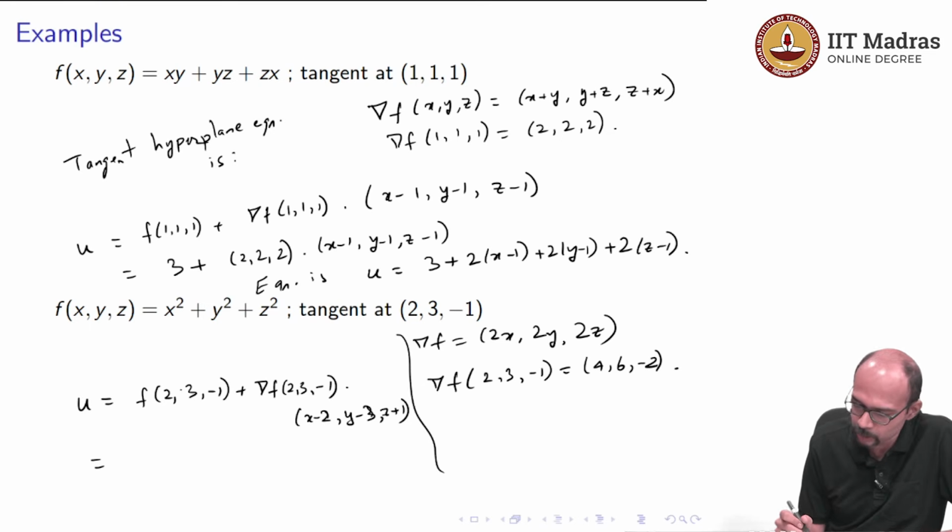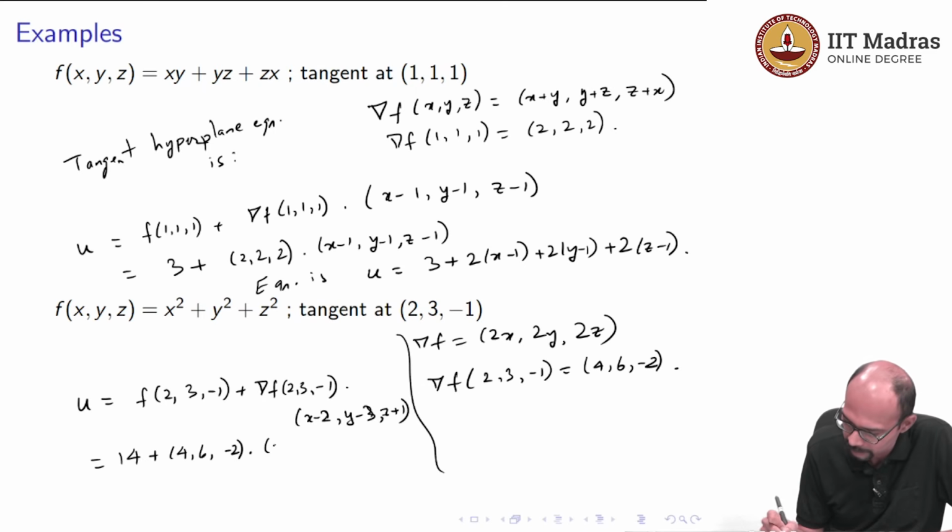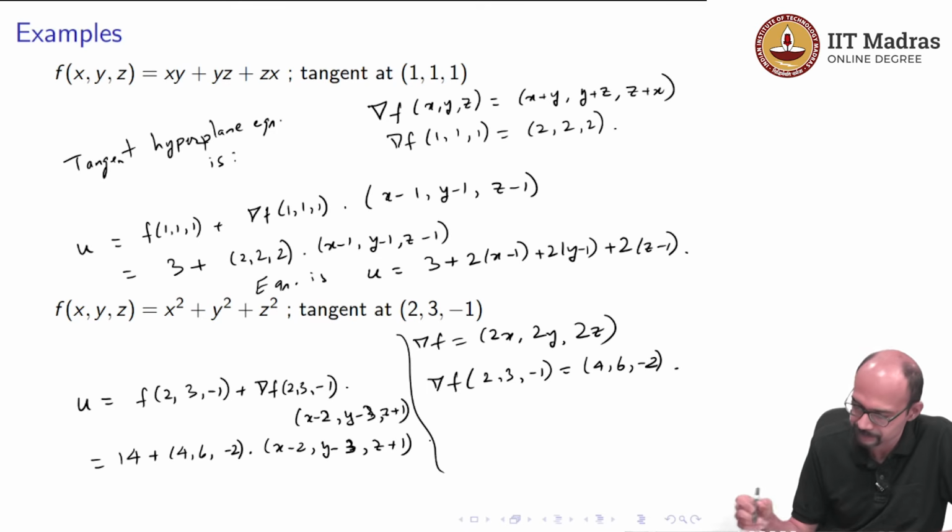The function value is 2 squared, 4, plus 3 squared, so 4 plus 9 is 13, plus 1, so 14, plus 4 comma 6 comma minus 2 dot with x minus 2 comma y minus 3 comma z plus 1.